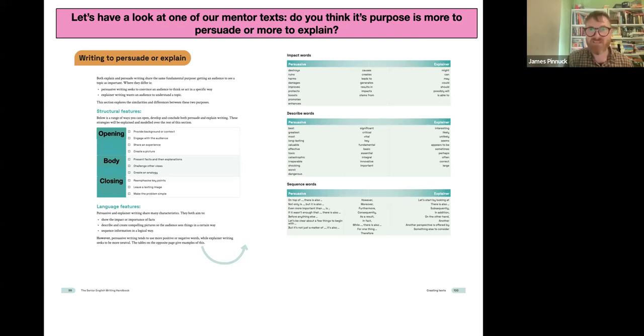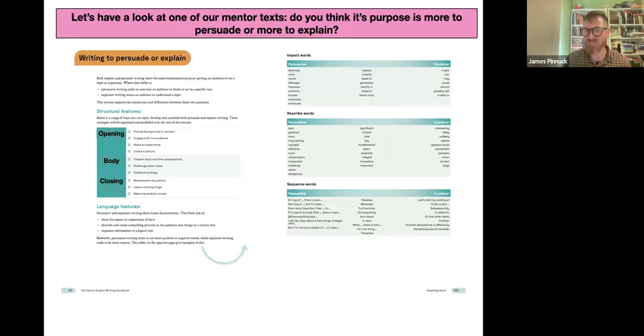But if we actually look a bit further, let's have a look at the language features. Persuasive and explaining writing actually share many characteristics because they both aim to show the impact or importance of facts. Explainer writing wants an audience to understand information and see that information is actually important to understand.